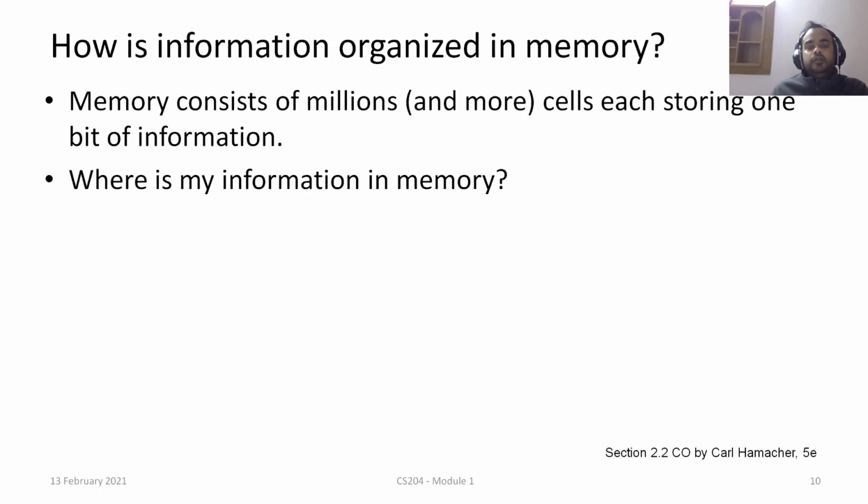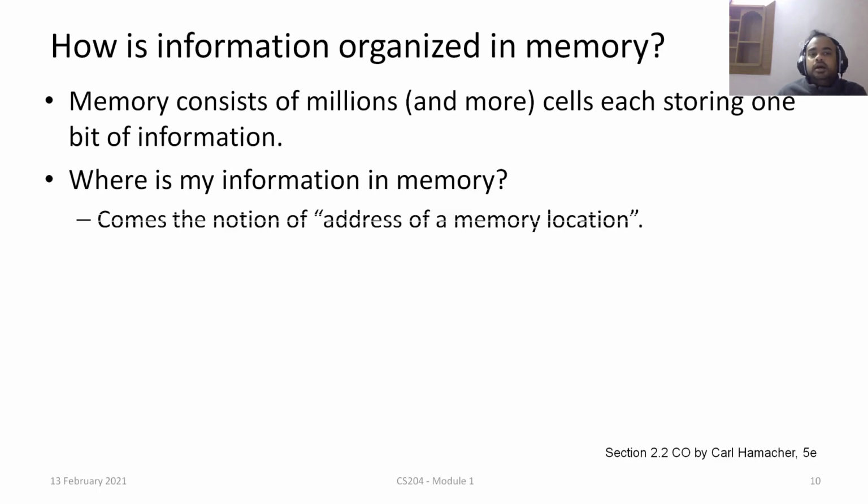If you want to know where my data is sitting, let's say you have stored a file in your hard disk. How do we retrieve it? We retrieve it using the location or the address of that file, or address of one particular data item. It need not be a big file also, right? Here we have the notion of address of a memory location.